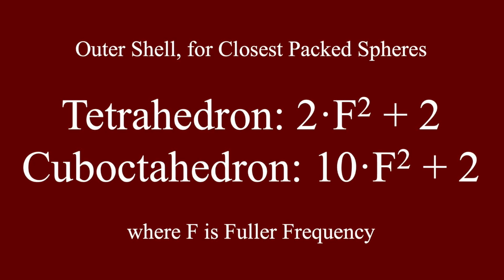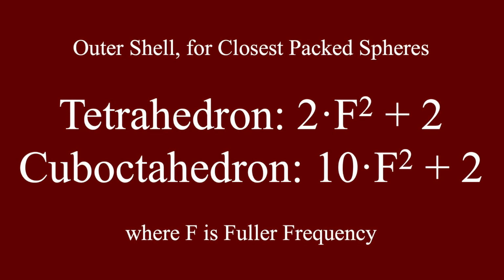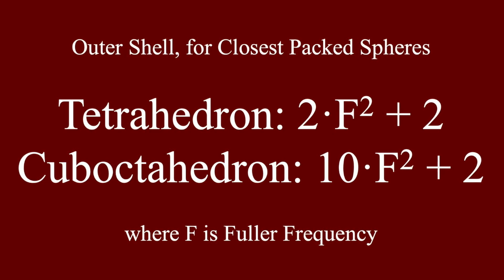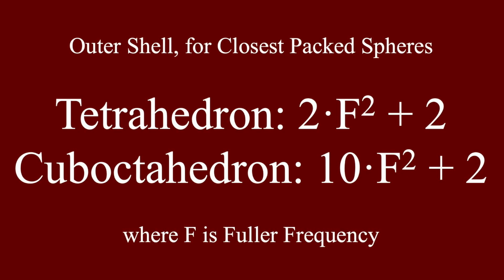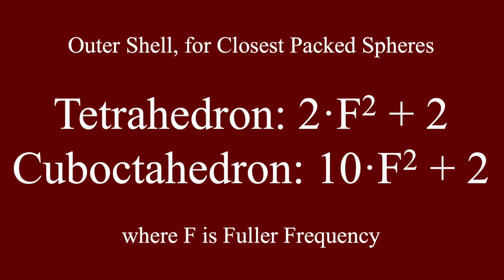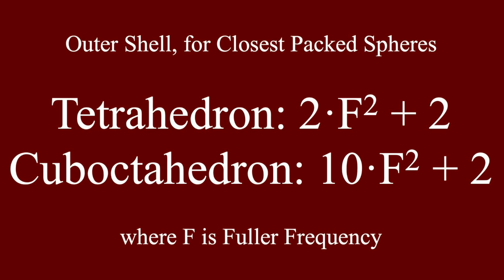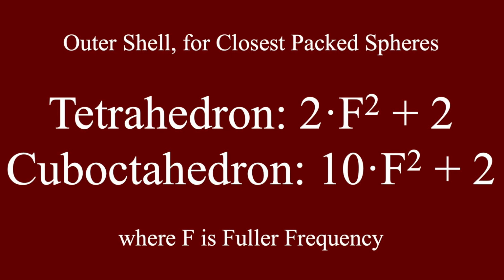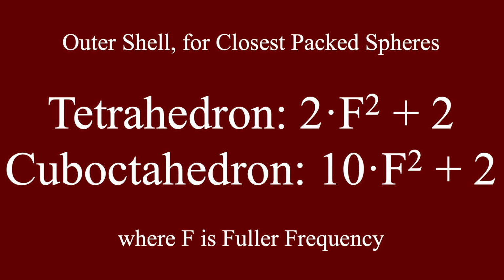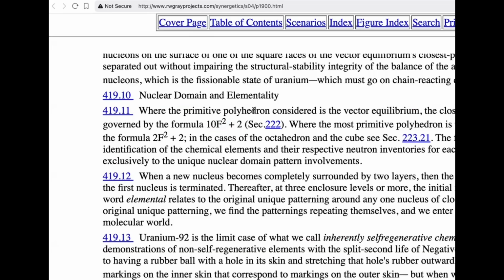So with the tetrahedron, 2F squared plus 2, that's interesting because you're having a central ball represent a whole tetrahedron. It's kind of counterintuitive. And as we talked about a couple of times ago, there are several iterations of a tetrahedron before you get a nucleus.